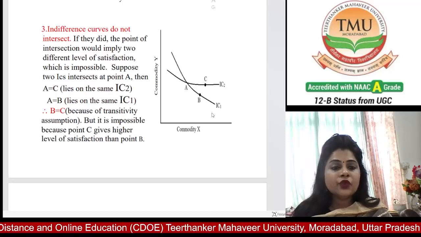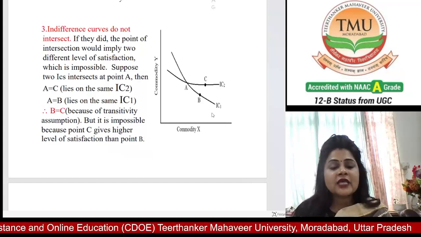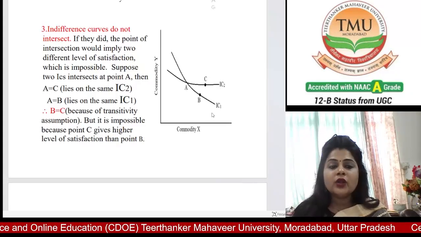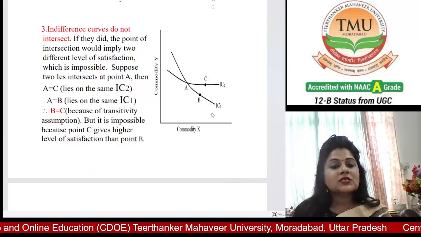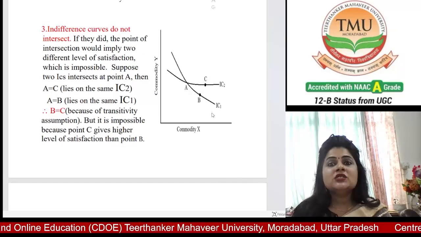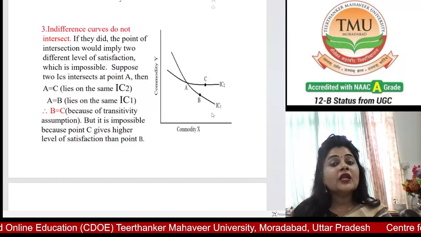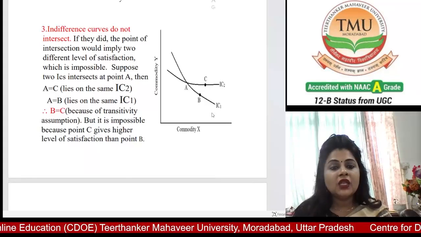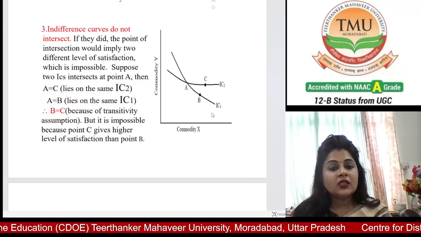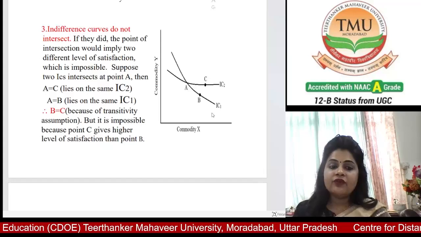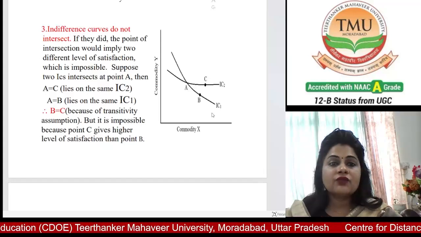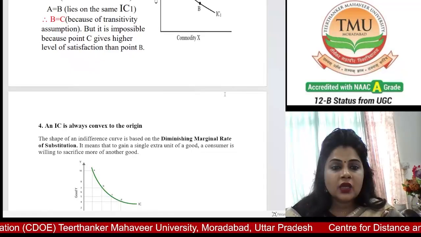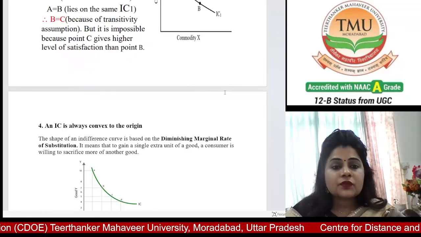But if two indifference curves intersect each other, it would mean that one point on each curve gives the same level of satisfaction, which is seen in this figure, but it is impossible, which contradicts the meaning of an indifference map. Therefore, two indifference curves never intersect each other because they never give the same level of satisfaction.